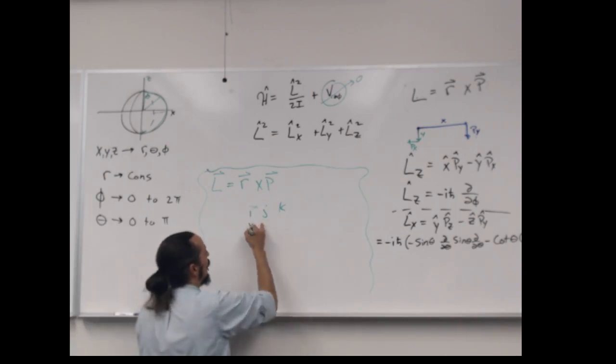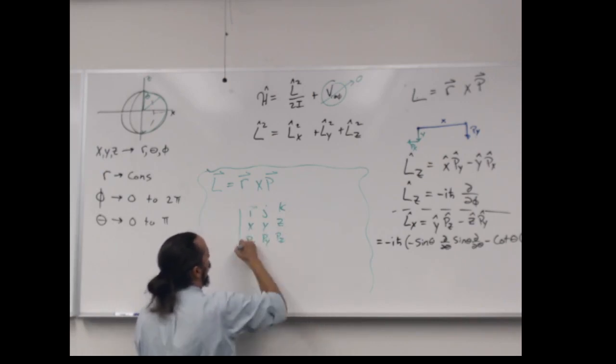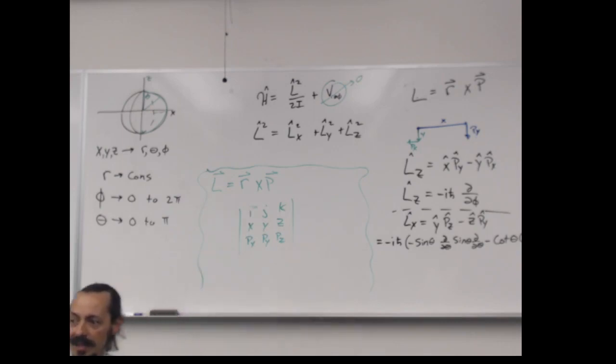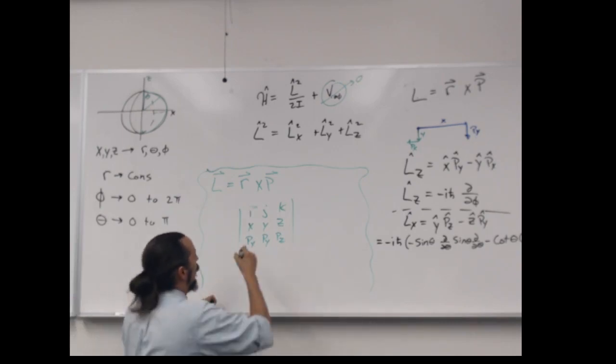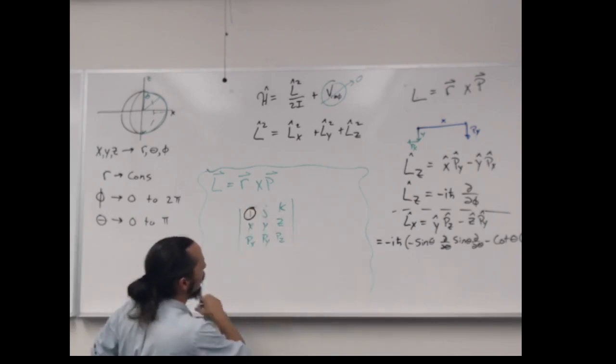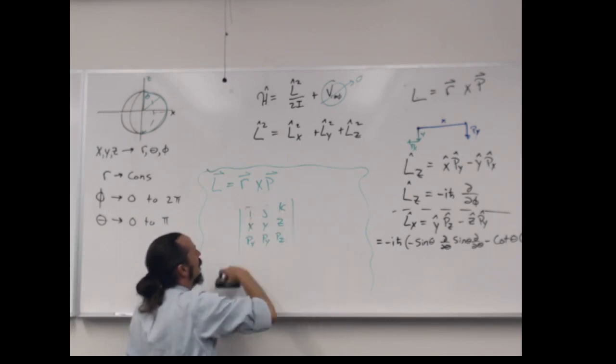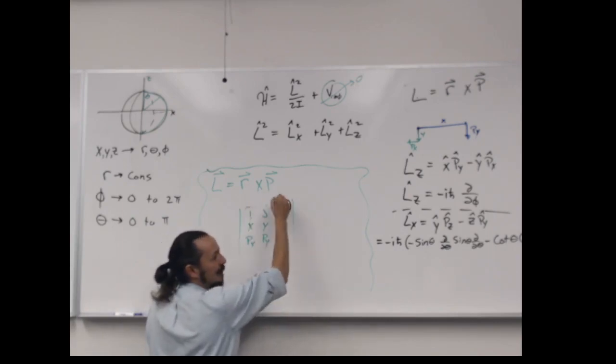And then we're going to have x, y, z, and we're going to have px, py, pz. And I want to find out, what happens to my i direction when I do this? Let's do our z direction first, because that one's what we already have written on the board.